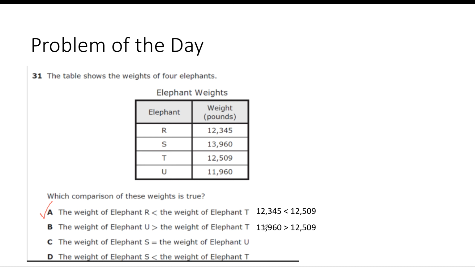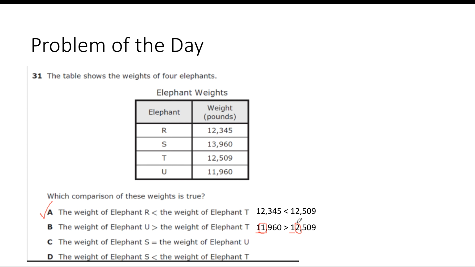So now we say, okay, the weight of elephant U, we found that here, is greater than the weight of elephant T. We found that here. Let's use the same strategy as we did before. Okay, I look at my 10,000s place. Those are the same numbers, so that doesn't help me compare the numbers. Now I'm going to look at my thousands place. My thousands place here is 1,000. My thousands place here is 2,000.